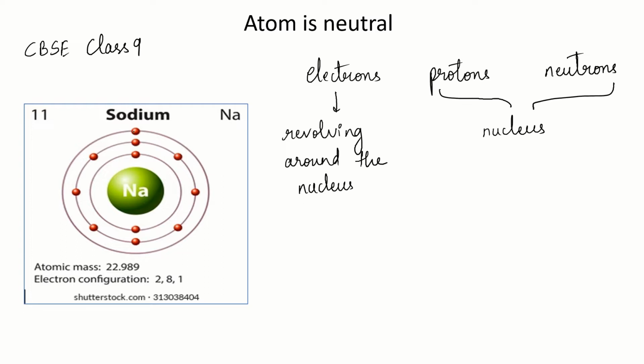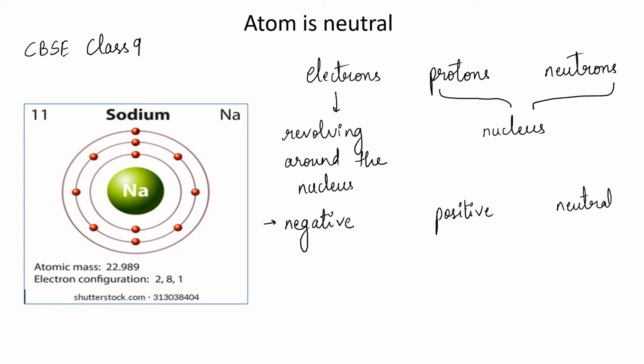And then you see these electrons, which are the red dots here, revolving around the nucleus. Now the electrons are negative in charge, the protons are positive, and the neutrons are neutral. So when it comes to charge, it's only the electrons and the protons who carry the charge.